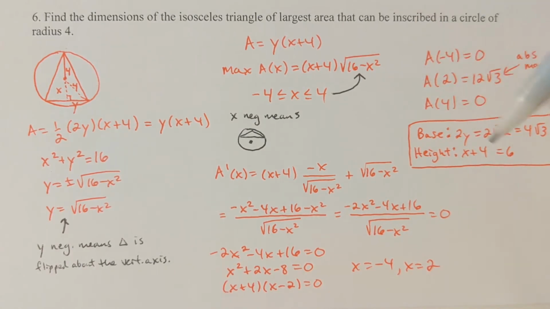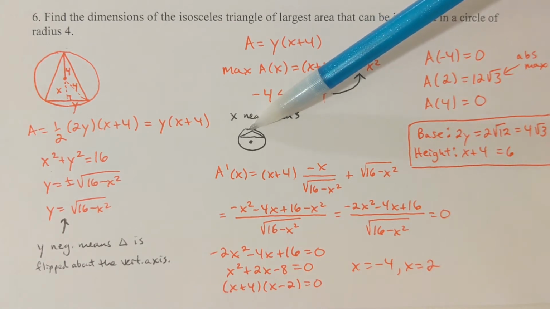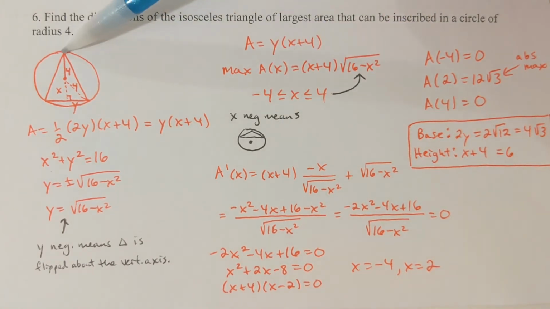But remember, a strategy that we're trying to do here is we're trying to get a closed interval. Okay, so it is possible that x could be negative 4. If x is negative 4, then you would just have a single point up at the top of this circle, and you're not actually building a triangle. So the area would be 0, if you just have a single point.